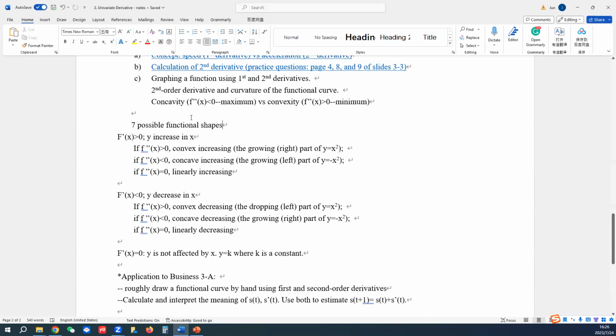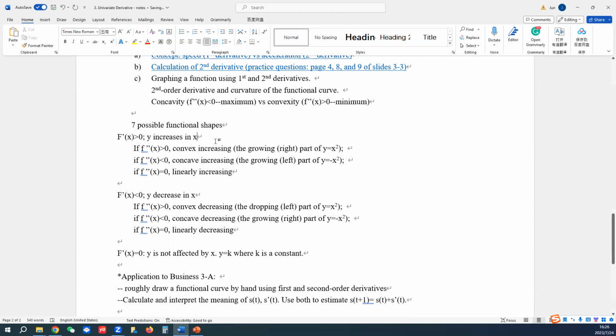So first, it's conducive to our understanding to go through all 7 different possible functional shapes. The first big category is when f prime x is greater than 0. The first order derivative is greater than 0. That actually means y should increase in x.